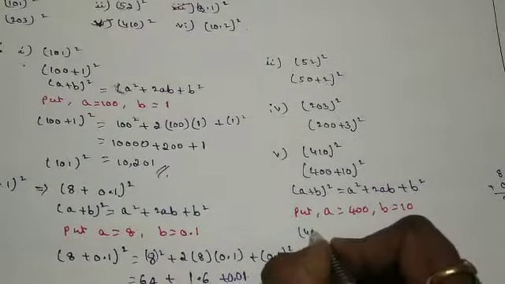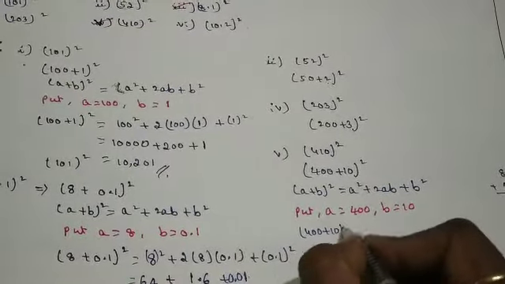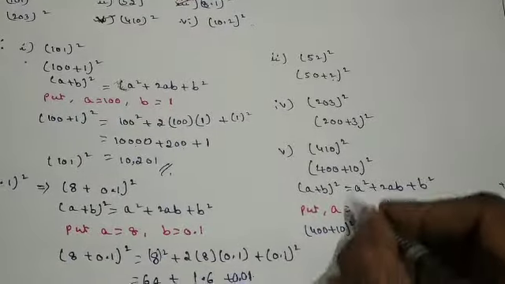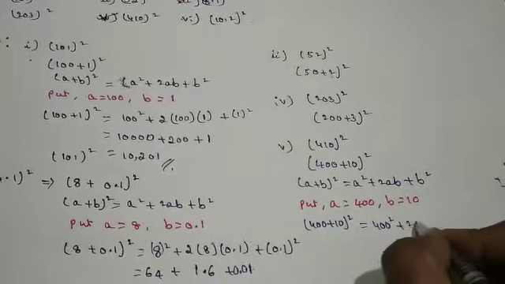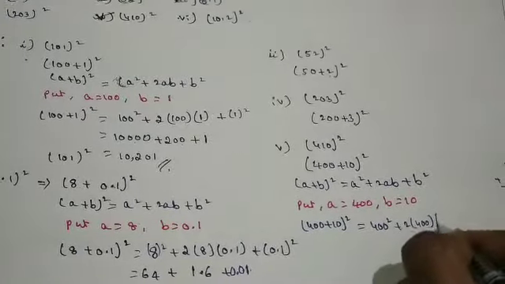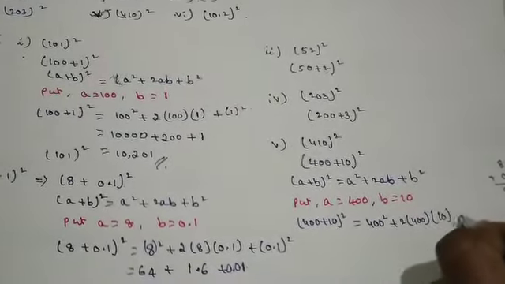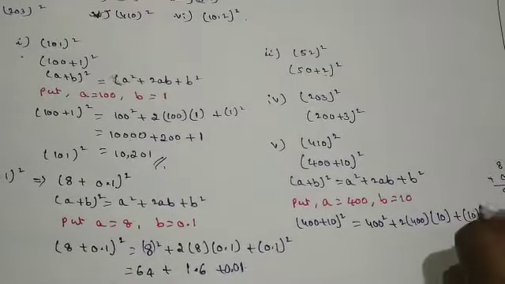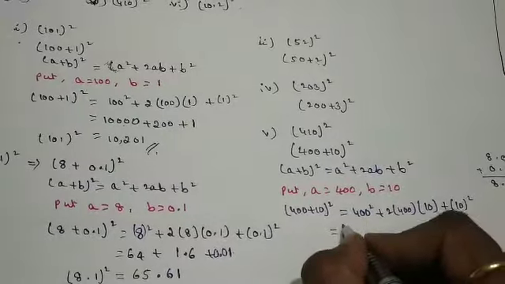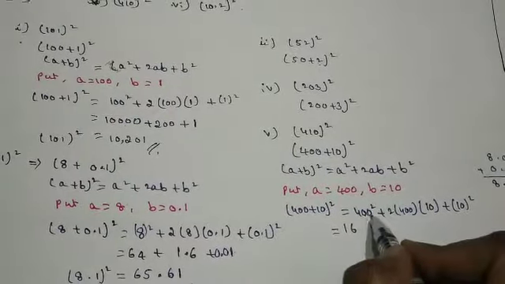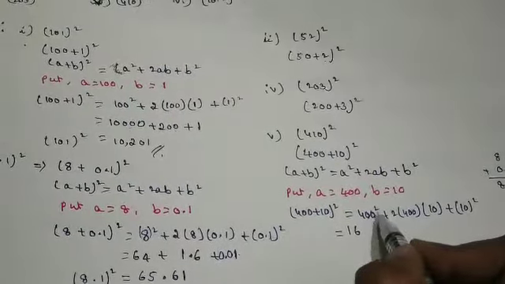So 400 plus 10 whole square equal to, this is the LHS part. Go with the RHS. 400 square plus 2 into 400 into b value 10 plus b value 10 square. Is it not easy, children? Yes.